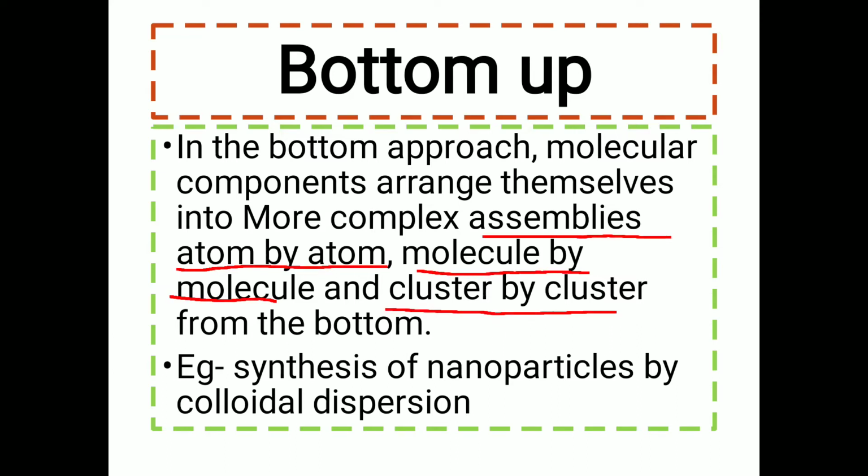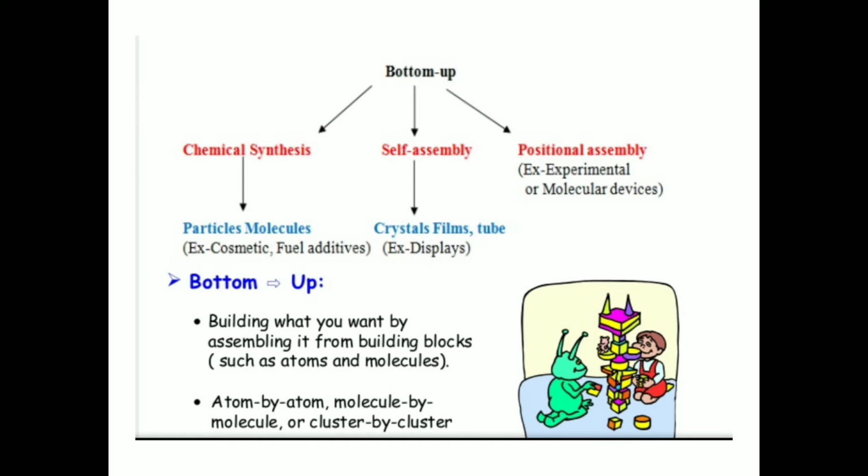In short, in this method, the very small particles, atom by atom, are assembled and combined, then molecule by molecule and then cluster by cluster, and then we get the materials. An example of this bottom up method is synthesis of nanoparticles by colloidal dispersion. It is as seen in the figure.